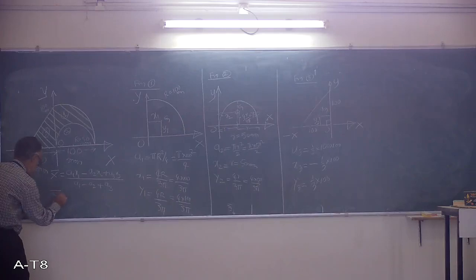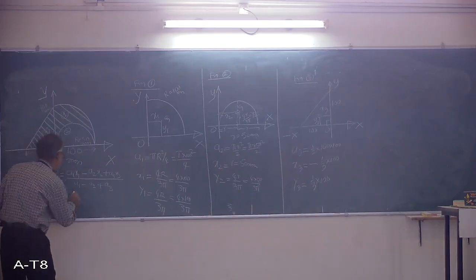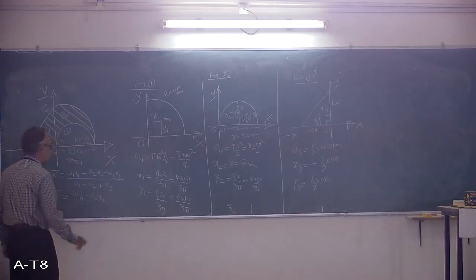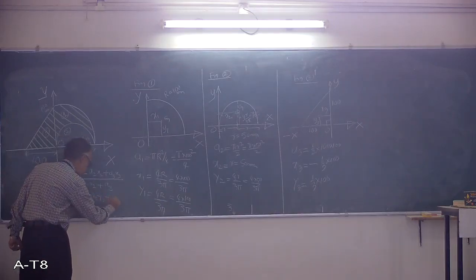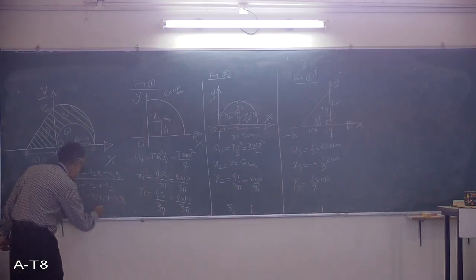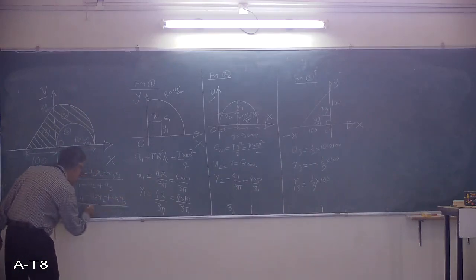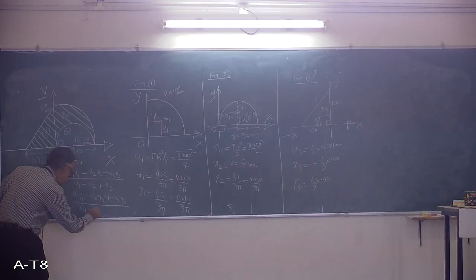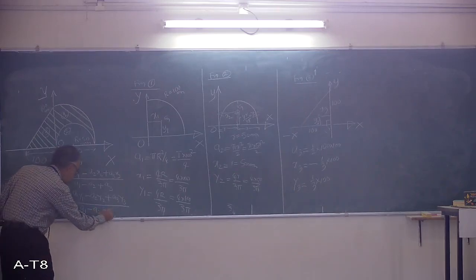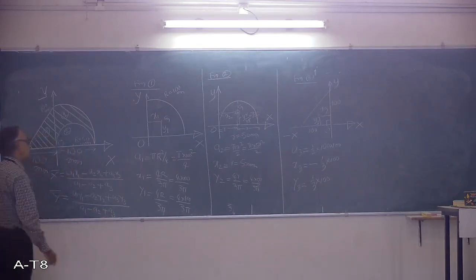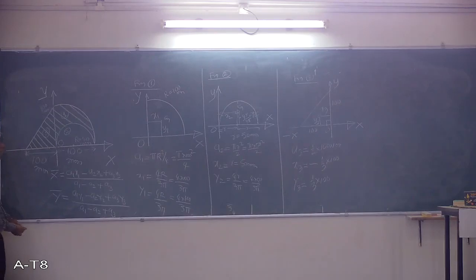Similarly, for y bar, same: a1 y1 minus a2 y2 because the semicircle is not shaded, plus a3 y3, the triangle is shaded, divided by a1 minus a2 plus a3.